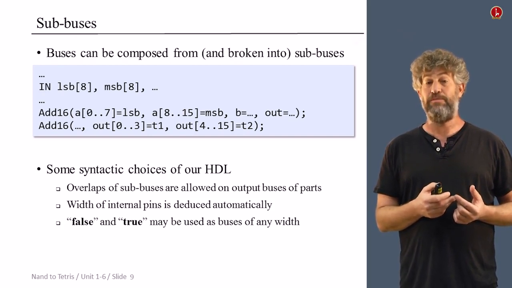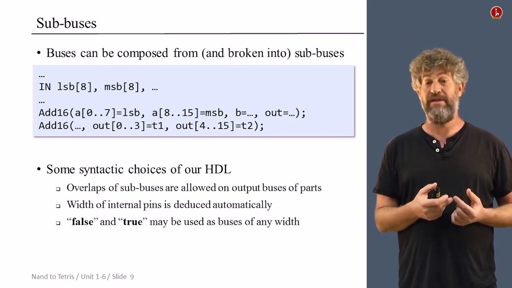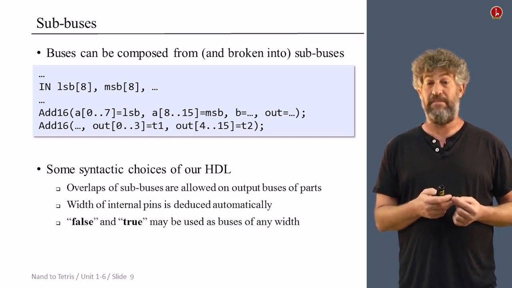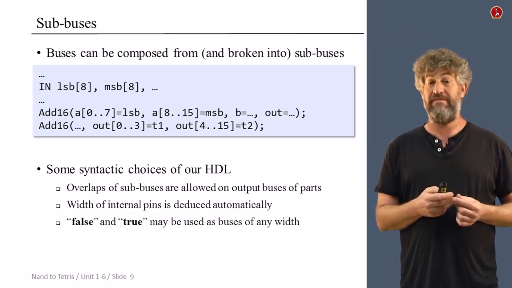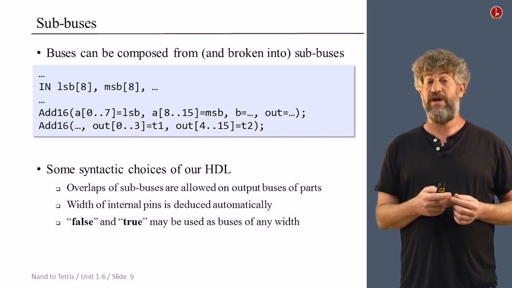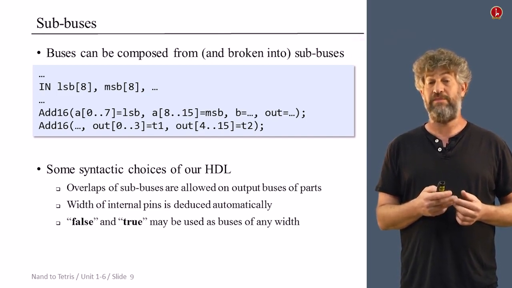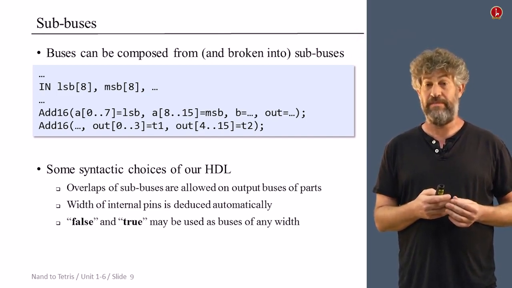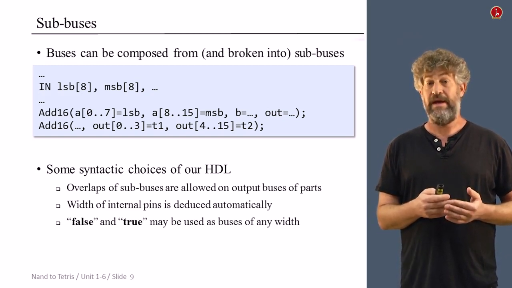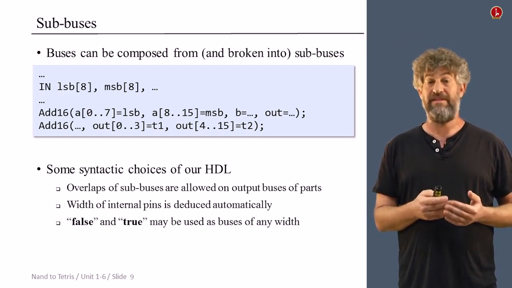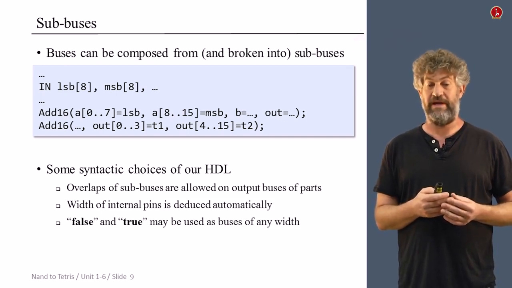So simply outputting the same bus in multiple ways, with overlapping sub-buses. We allow that. Another convention is that the width of internal buses is completely deduced from what you plugged into them. So you don't need to specify the width of an internal pin. If it was connected to a bus, it just gets the correct width that it was connected to.